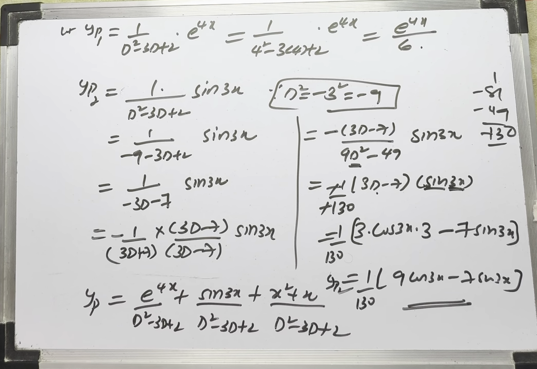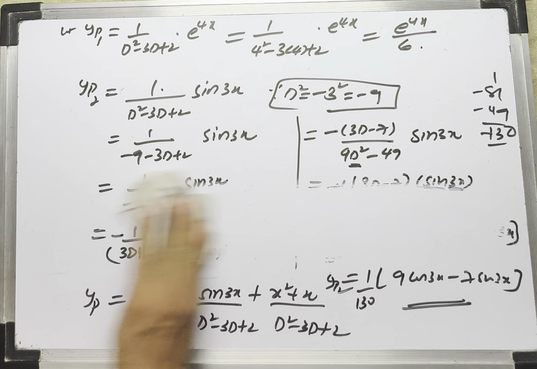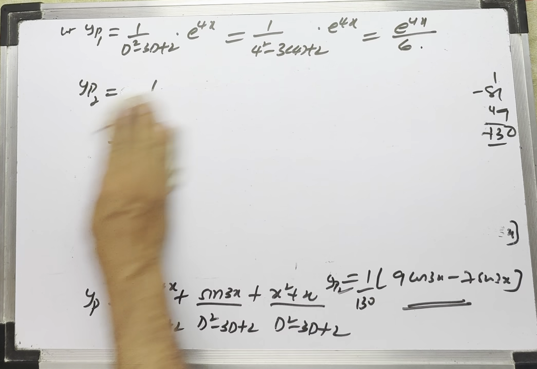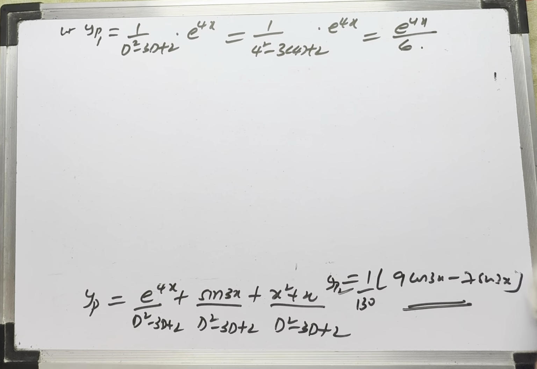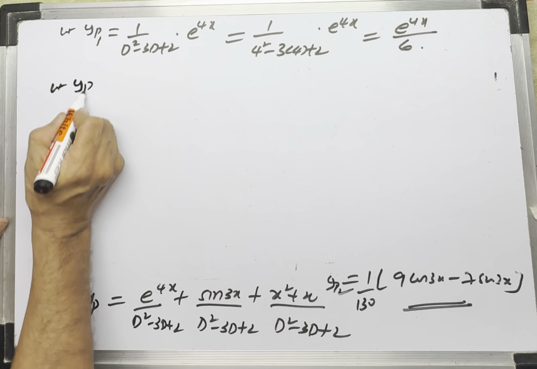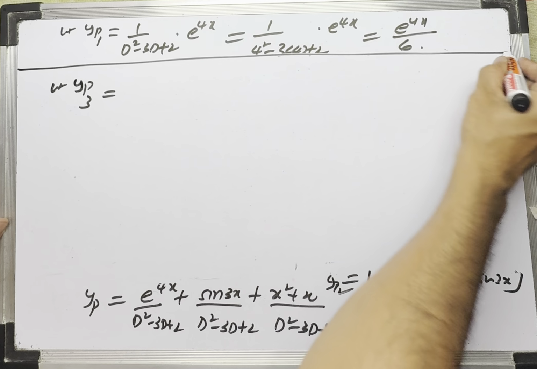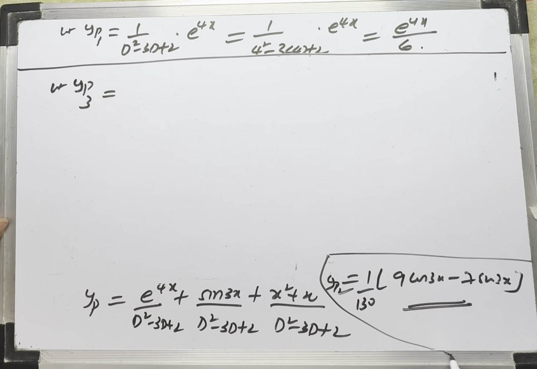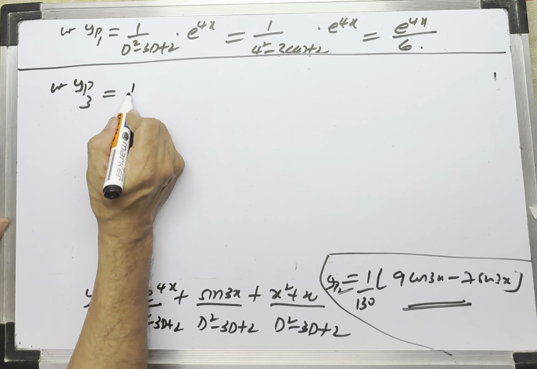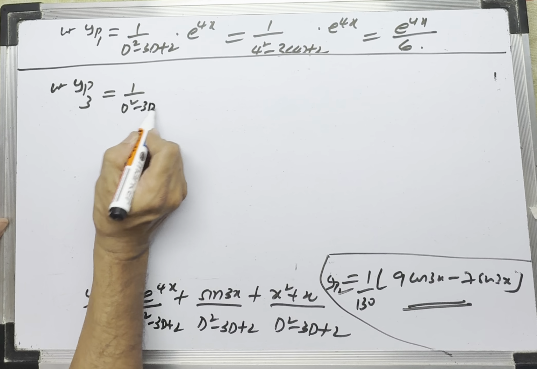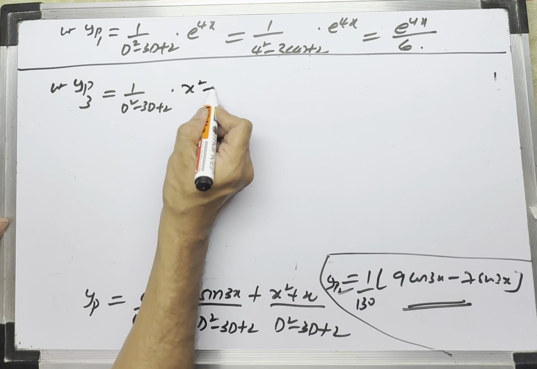Second part. Once we got yp1 and yp2, we have a third term also here. Let yp3 equals, this is yp1, this is the yp2 answer. Yp3 is how much? 1 by D square minus 3D plus 2 of x square plus x.